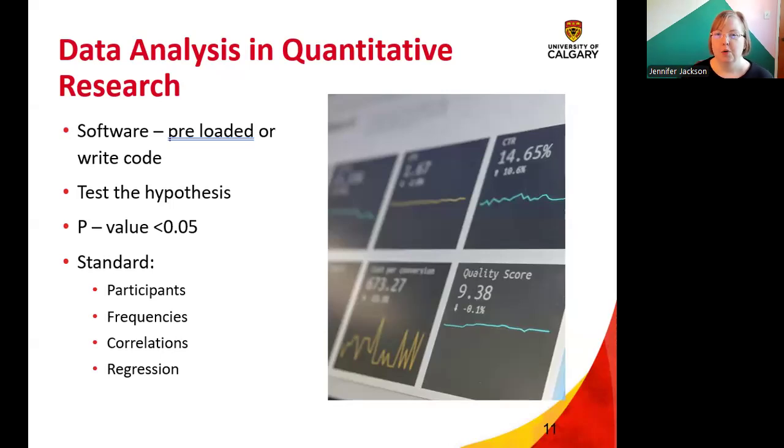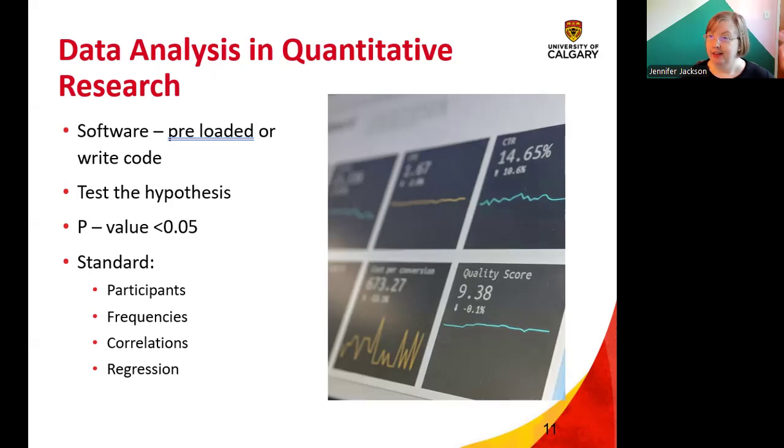So generally, quantitative analysis is done with software. Back in the day, poor Florence Nightingale kept lists and manually calculated statistics, but today it's done with software. So generally, you have programs like SPSS, Python, R. There are many different kinds of them, and they work depending on what you want them to do.